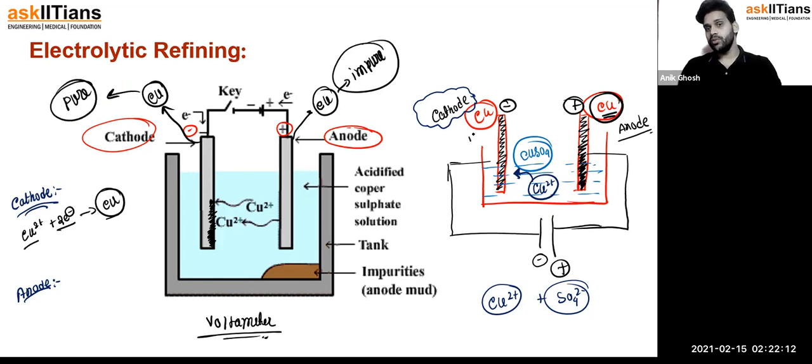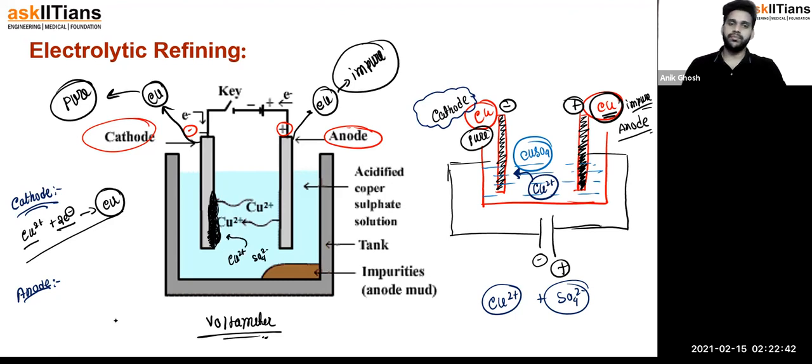So this is pure, and this one over here is impure. In the cathode, you would see that copper gets deposited from the copper sulfate solution. The copper sulfate breaks down into Cu2+ and SO4 2-, and this copper goes and gets deposited over here. So this is the reaction that happens.